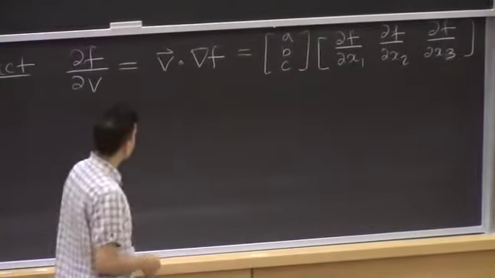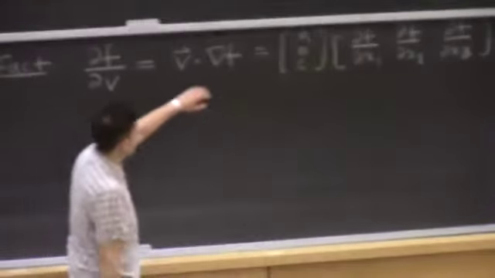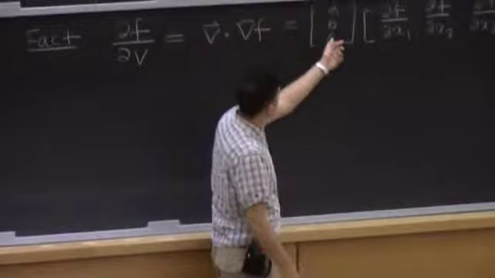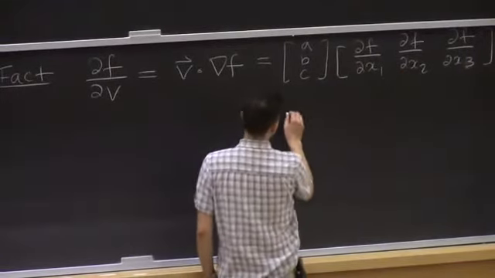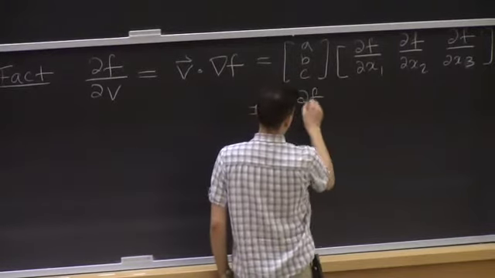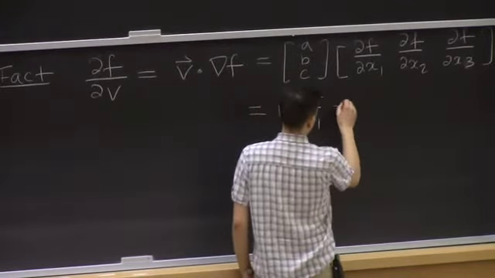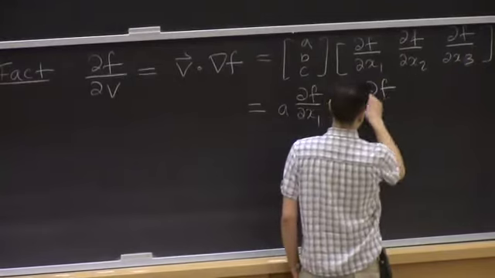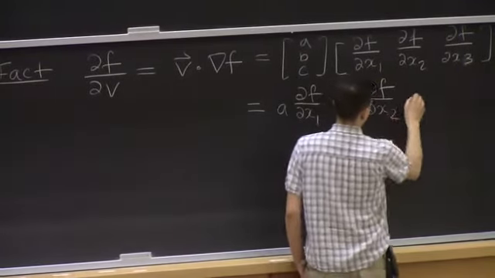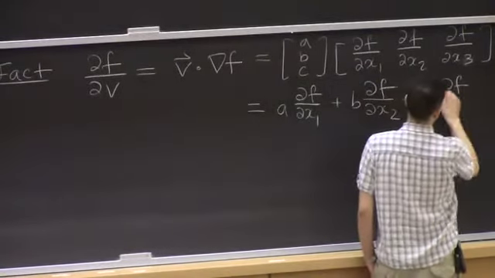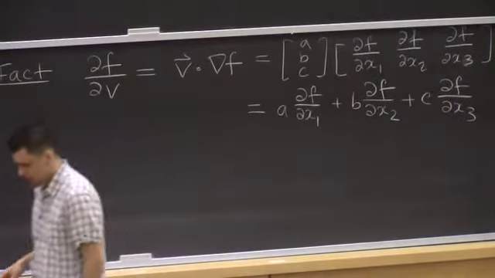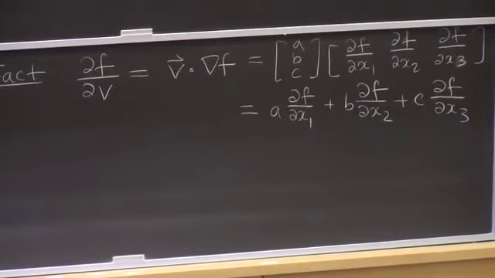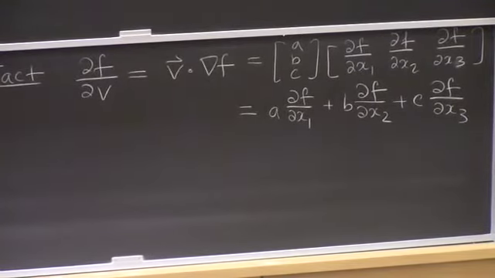Right? If we have our vector, say (a, b, c), and we have the gradient, then we multiply them out like this. Okay, so all of the directional derivatives come from the gradient vector.